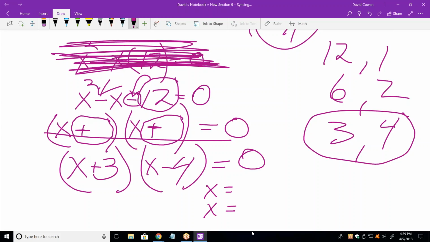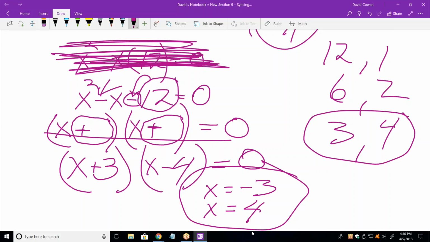Zero product property. Your solutions for x: x plus 3, the x equals negative 3. And then x minus 4 equals 0, the x equals positive 4. And there are your two solutions.